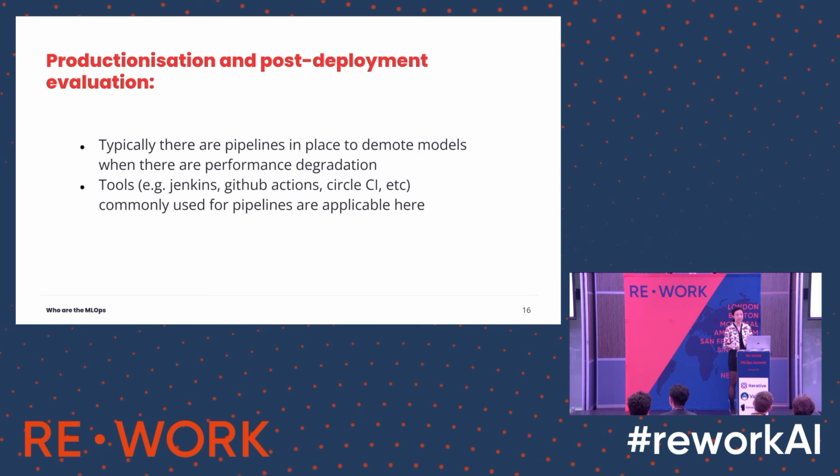For instance, Tron is open source, although we use it internally too. All those things have GitHub Actions for pipelines, and pretty much everything you use for DevOps, anything you use for build, test, deploy, is still applicable in these stages.